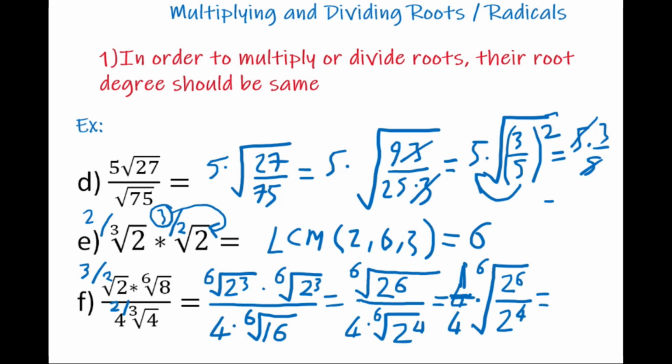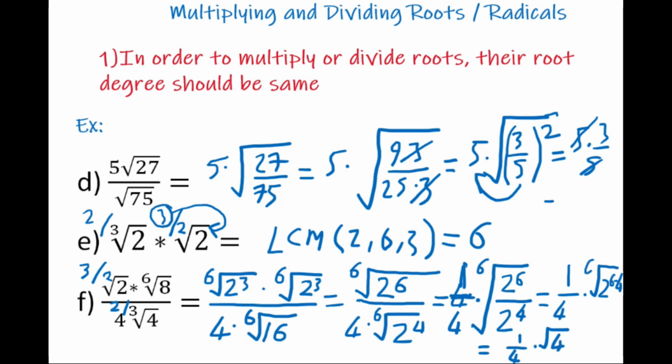So this is going to be equal to 1 divided by 4 times, if you remember, this 4 comes as minus 4, so it's going to be the root of 2 to the power of 6 minus 4. Okay, so let me continue here. 1 divided by 4 times the root of 2 to the power of 2 left over, which is 4.